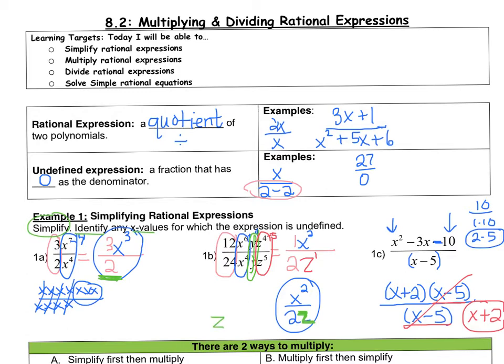So we'll put a little note over here that says z cannot equal 0, because if it did, the bottom would be 0. And last, on 1c, if we look at this problem, see how it's x minus 5? Well, what if x equaled 5 to begin with? Then 5 minus 5 would be 0, and that wouldn't be good. So in this problem, x cannot equal 5.